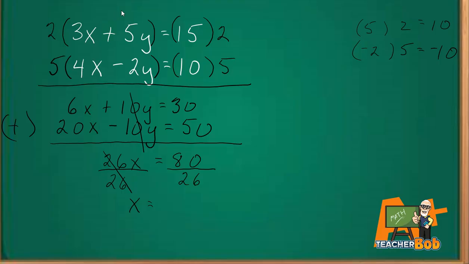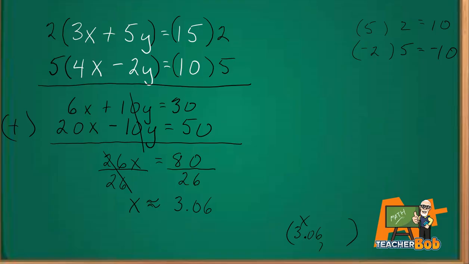And 80 divided by 26 is going to give us 3.06. So we have half of our solution. 3.06 is our x value, and now we need to figure out what y is.